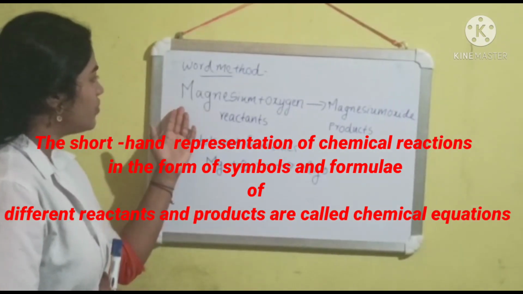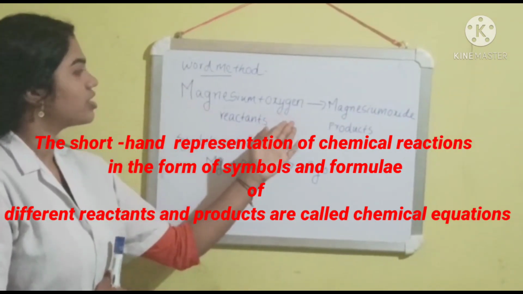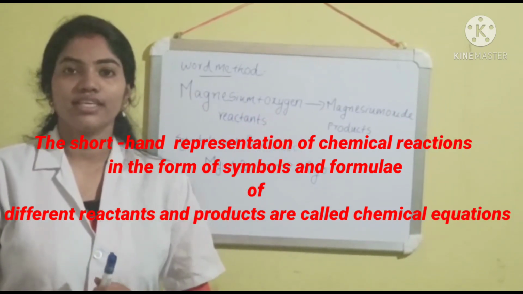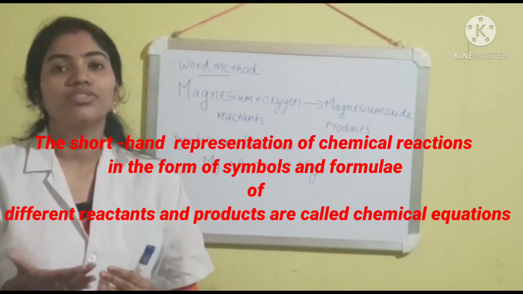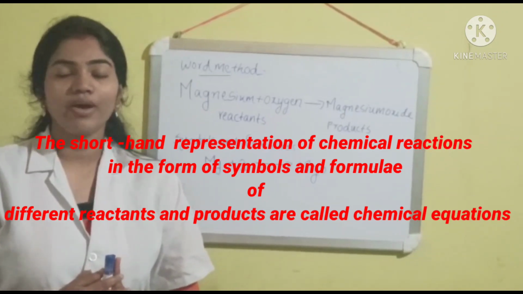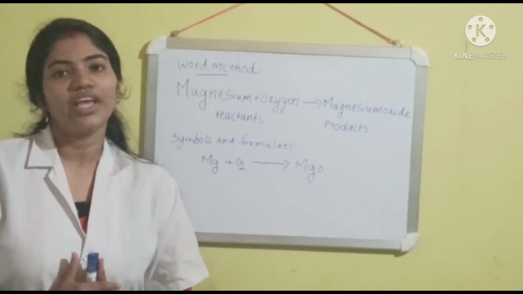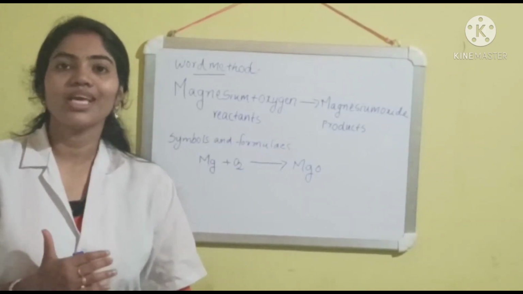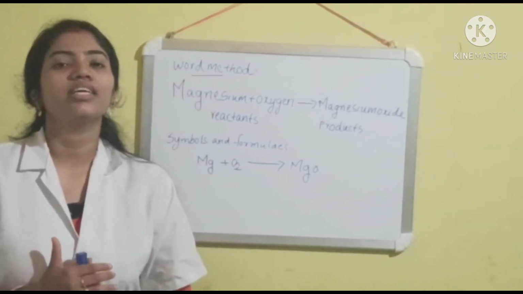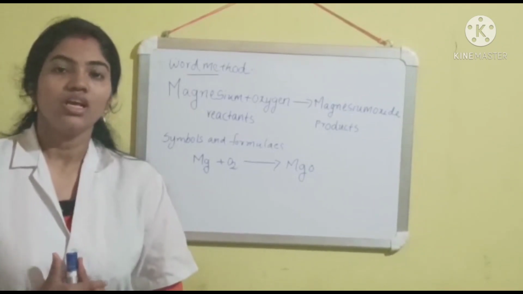Consider the reaction between magnesium and oxygen. We say that magnesium and oxygen react together to form magnesium oxide. This is a long sentence we have to write. The same case exists in any other chemical reaction.